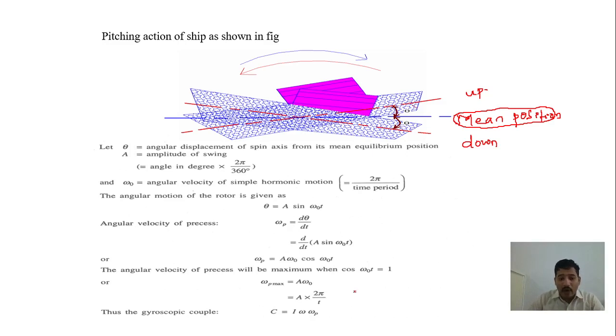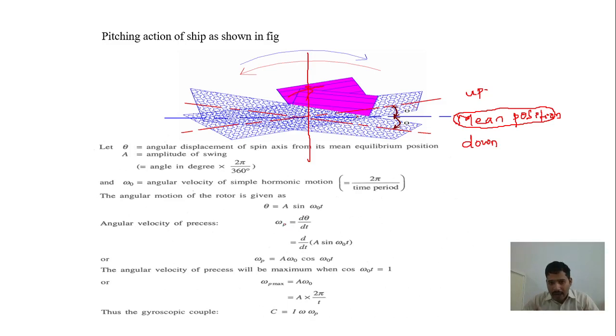Okay, the angular velocity of the precession. So this means that the ship is moving from the axis of spin to the axis of precession. So the angular velocity of the precession is omega p.